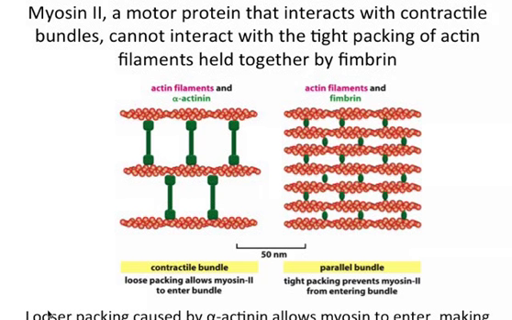Fimbrin is going to pack actin filaments much more closely because it's short, and it's going to prevent a motor protein such as myosin from getting in there, and it's more likely to form a parallel bundle. So these different bundling proteins are going to have different functions and be present in different types of actin arrays. Looser packing by alpha-actinin allows myosin to enter, making these bundles contractile.